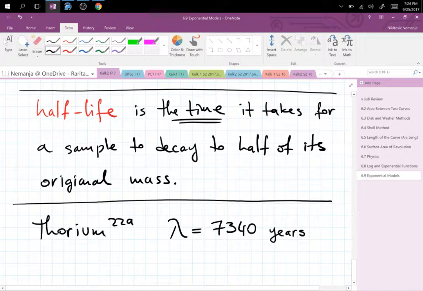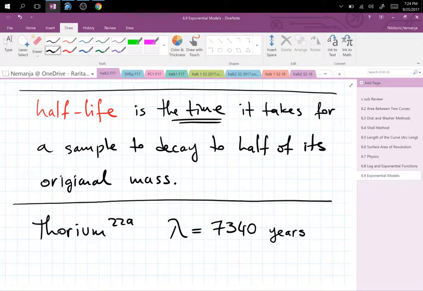Thorium is a radioactive element, like uranium, plutonium, right? You can look up that stuff online if you're interested in these kinds of things.